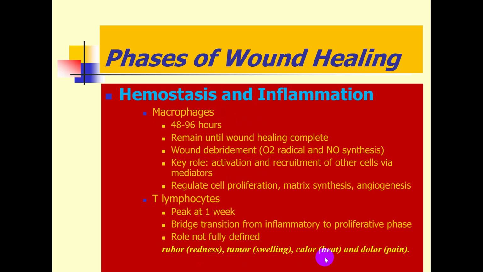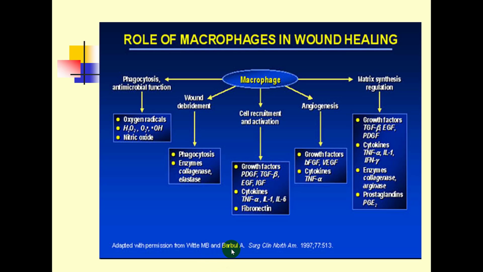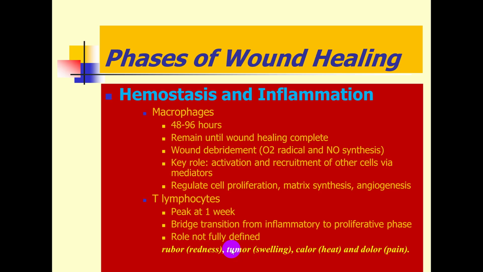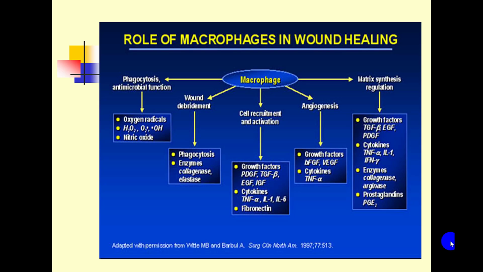All this can be summarized by the Latin words we know previously: rubor, tumor, calor, and dolor, all signs of inflammation. Rubor is the redness, tumor means the swelling, calor is the heat, and dolor is the pain at the site. These are very old terms for the signs of inflammation.